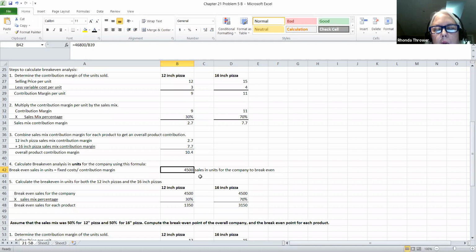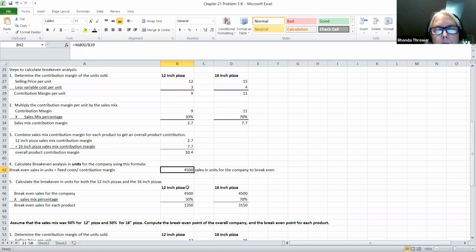Now, if you wanted to know how much you needed to sell of each pizza, we would take this a step further and multiply the break-even sales for the company by the sales mix percentage. That will tell you exactly how many 12-inch pizzas and exactly how many 16-inch pizzas we need to sell in order to break even.